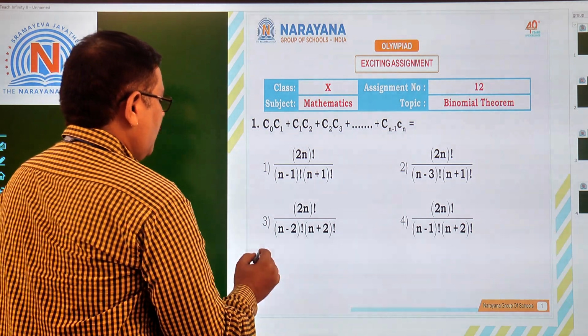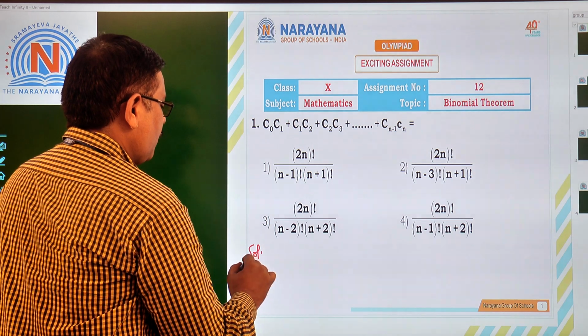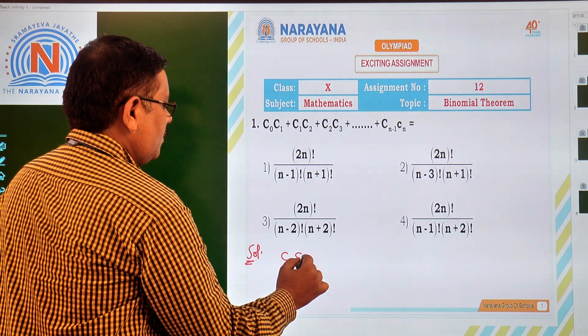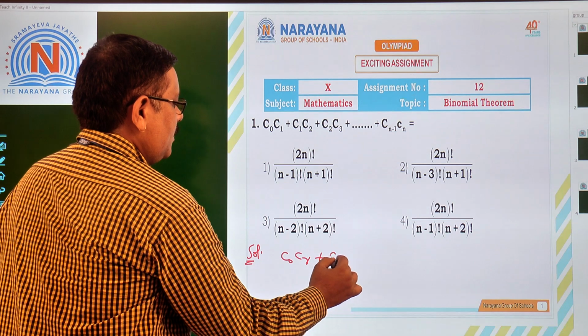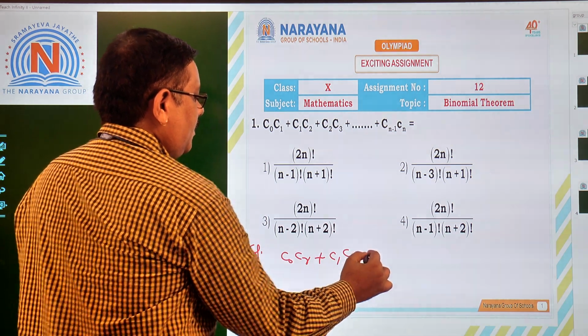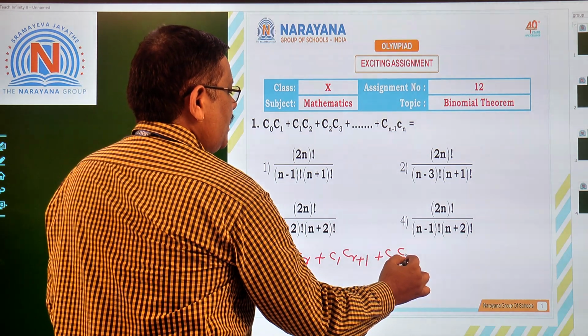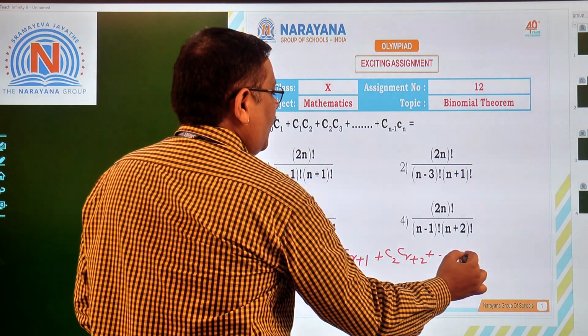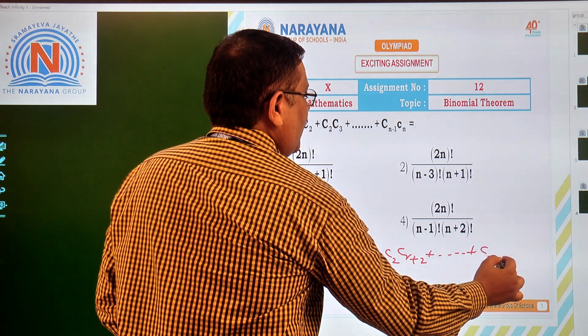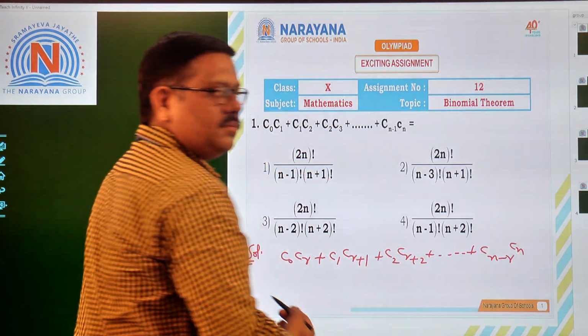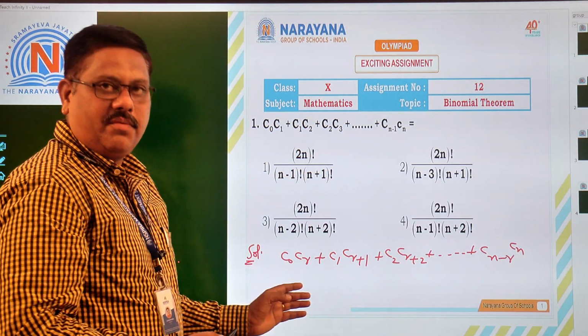Actually, we have a property. What is that property? C0 Cr plus C1 Cr plus 1 plus C2 Cr plus 2 plus so on plus Cn minus r Cn. This is the property we have, property number 4.